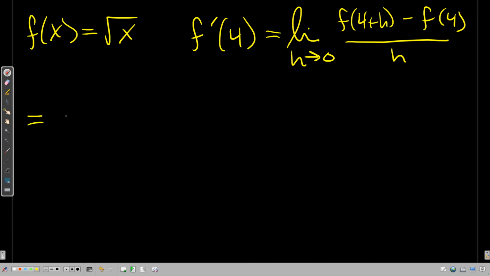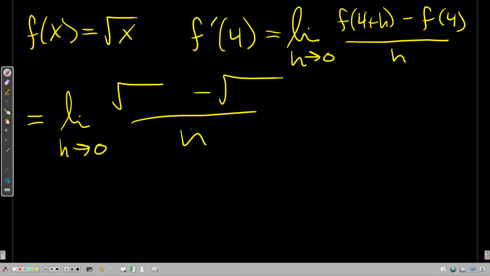Well, okay. So using my function, this would be the limit as h goes to 0 of the square root of this minus the square root of that, over h. Here's a 4 plus h, and here's just a 4. Go ahead and simplify the square root of 4 to be 2.